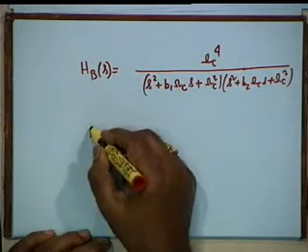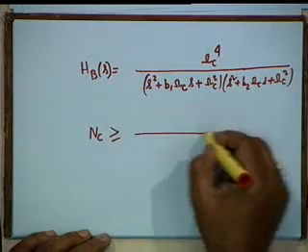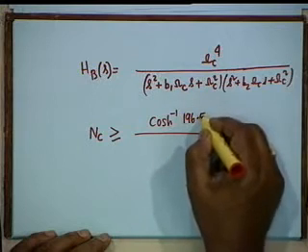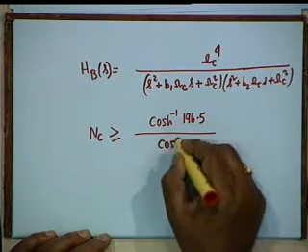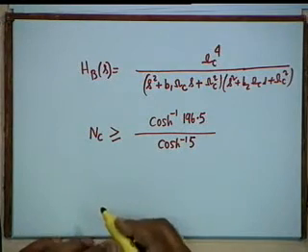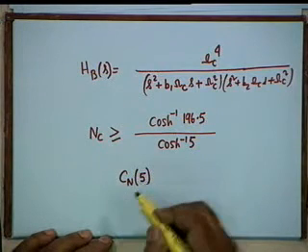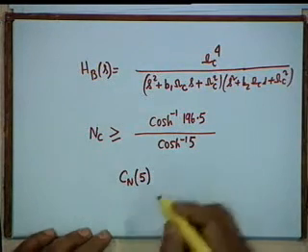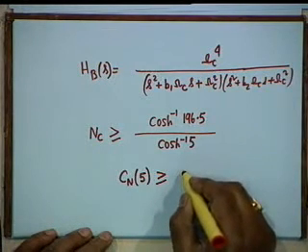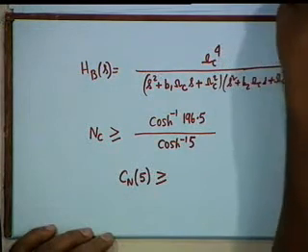Now let's see Chebyshev. N sub c should be greater than or equal to cos inverse 196.5 divided by cos inverse of 5. If instead of using this we use the formula Cn of 5, transition ratio is 5, greater than or equal to 1 by epsilon.